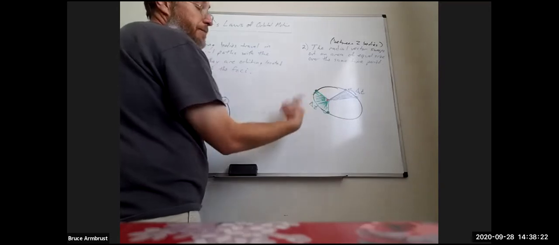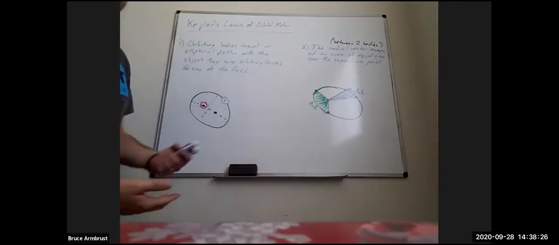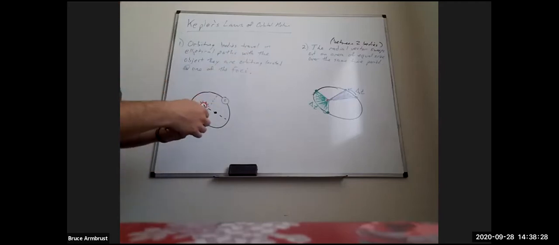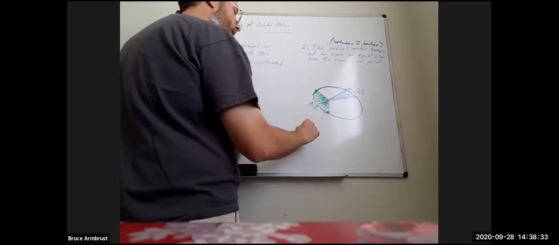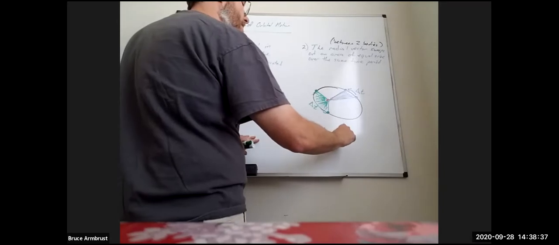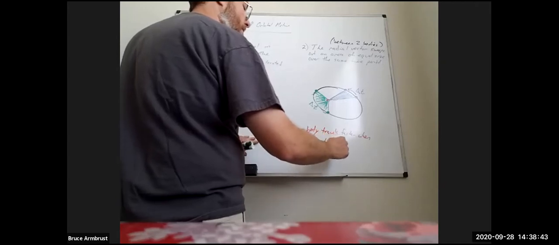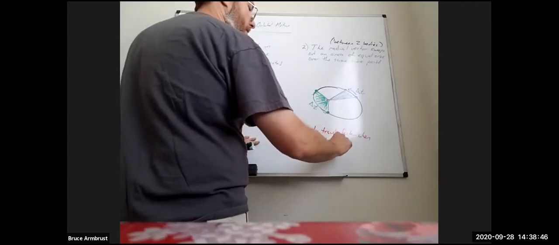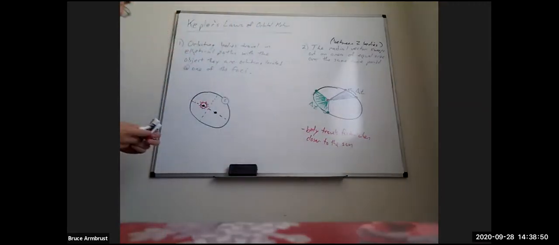But if those times are the same, that means we have to have different speeds. And so that is really the consequence of this. The result is that the body travels faster when closer to the, I'm going to call it sun, but it could be the planet that the moon's going around or whatever.